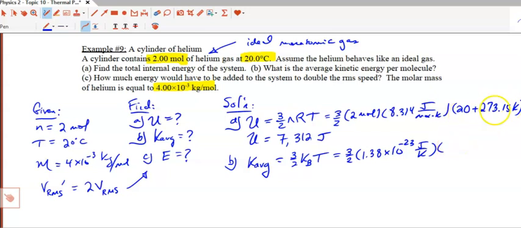Remember that it's 20 plus 273, so it's really 293.15 Kelvin, and this gives you the average kinetic energy per molecule. I get a value of 6.07 times 10 to the power negative 21 joules. That's per helium molecule. Now moving on to part C.